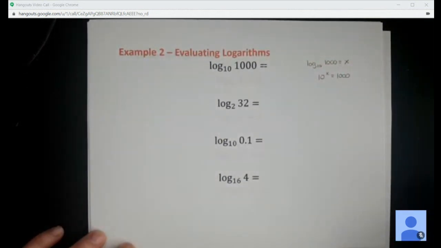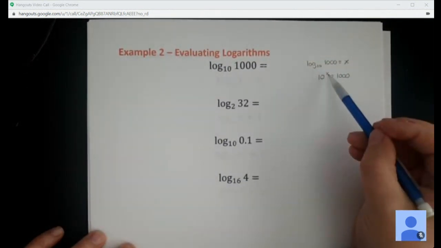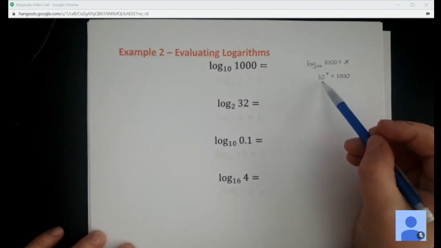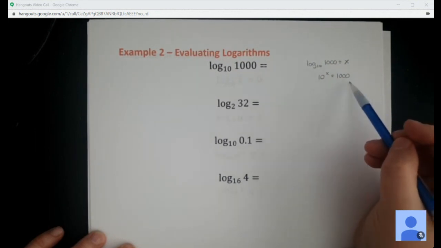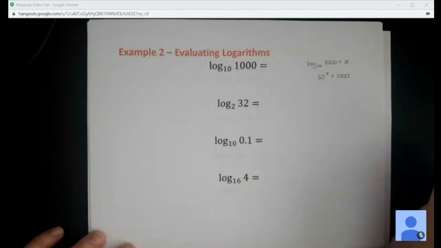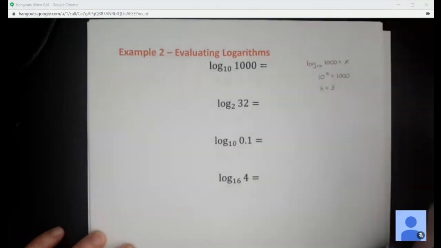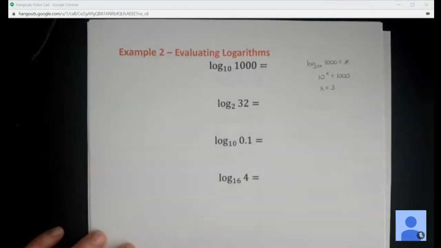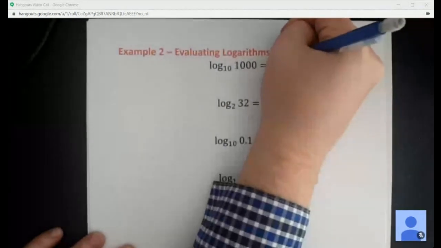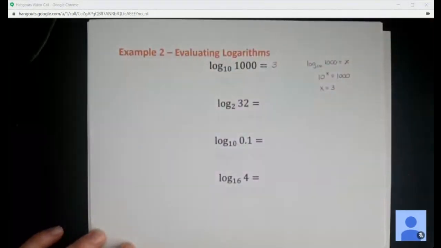So what I'm trying to find now is I want to know what is this x value. So I need to know what's the exponent that I would raise 10 to that would give me 1,000. So what would that x value need to be this time? Good. X would have to be equal to 3 because 10 to the third power would equal 1,000, which means that this base 10 log of 1,000 is equal to 3 now.